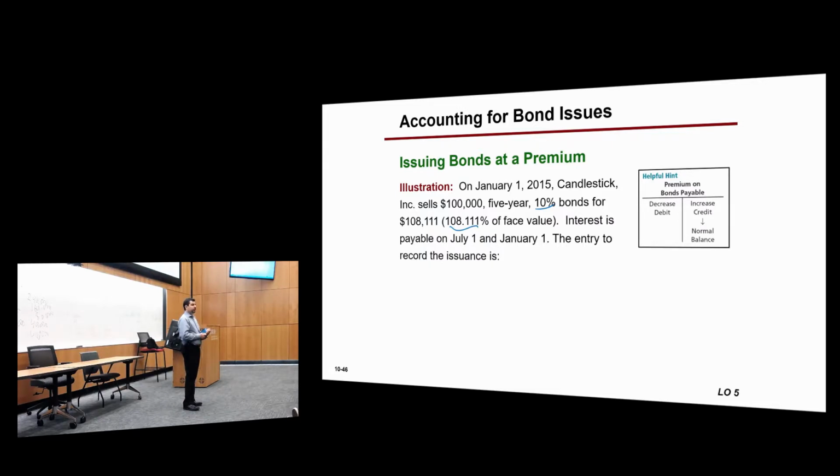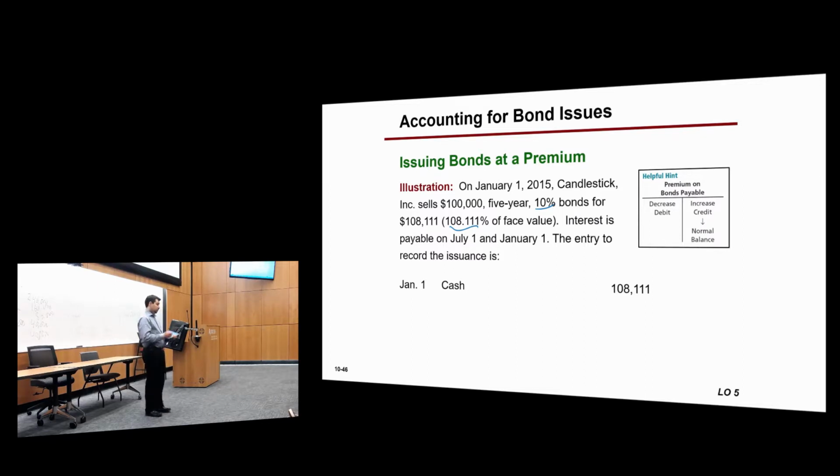What's the journal entry here? Cash is 108,111. So cash will be debited 108,111. What do you credit?